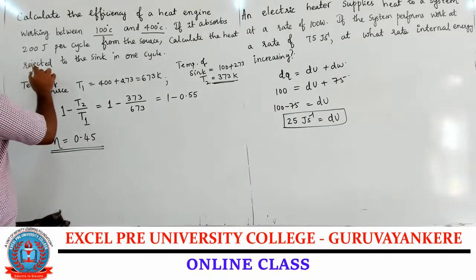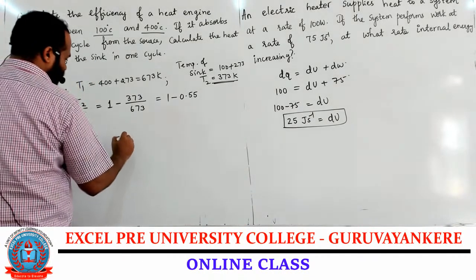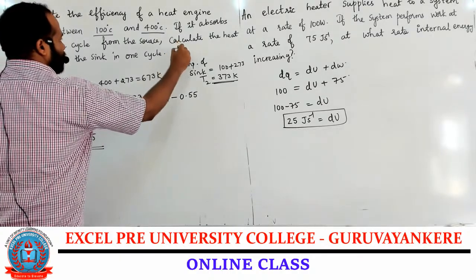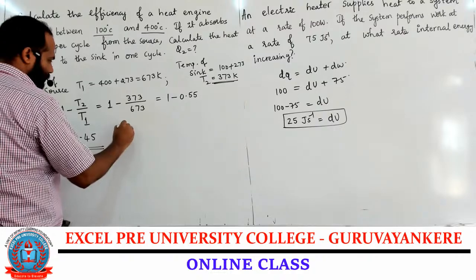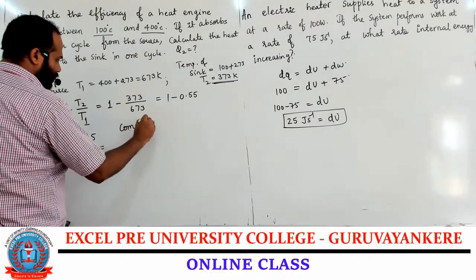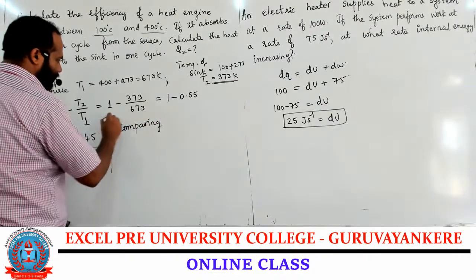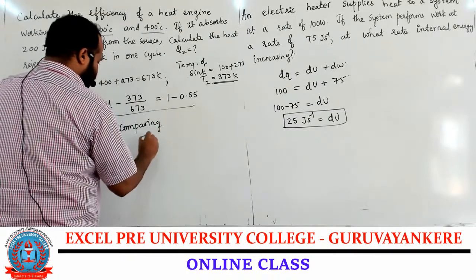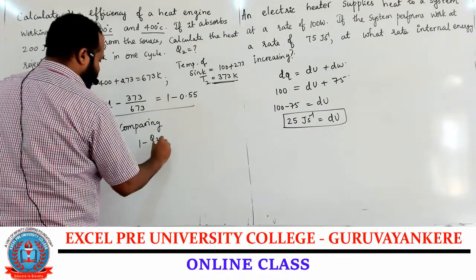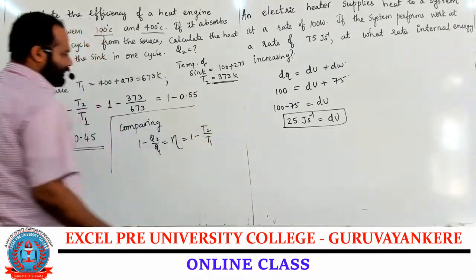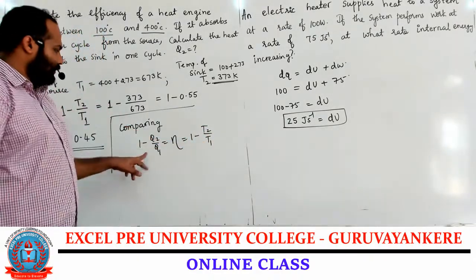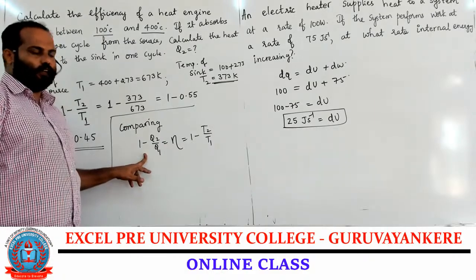Next, heat rejected we have to calculate. So we have to calculate Q2, right? Comparing the two equations, 1 minus Q2 by Q1 is the efficiency of a general heat engine, and 1 minus T2 by T1 is the efficiency of the Carnot heat engine.